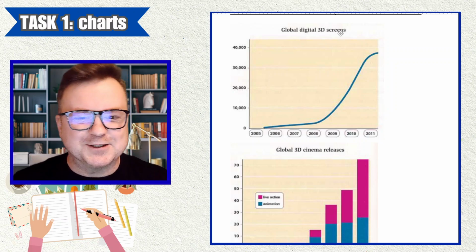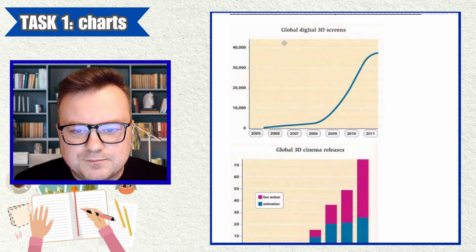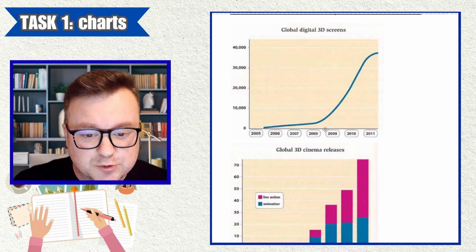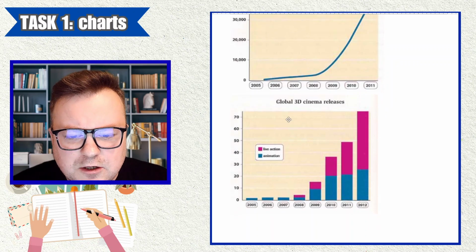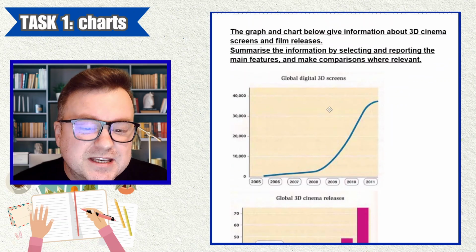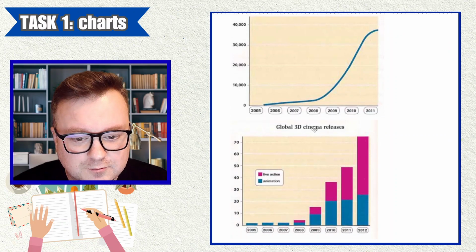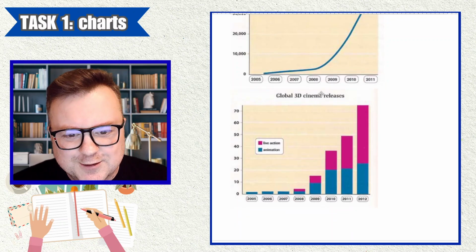I'm not a technical expert with cinema technology, but I don't have to be. So some of these new screens, I guess they're called 3D screens. I guess this is a new technology that came in about 2005. Cool. And then global 3D cinema releases. So it makes sense, right? If you have 3D screens, you should have movies that are released especially for those screens.